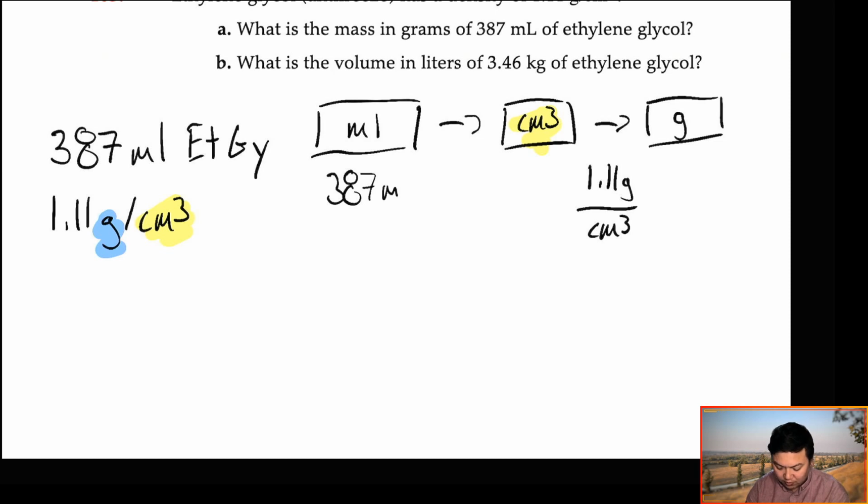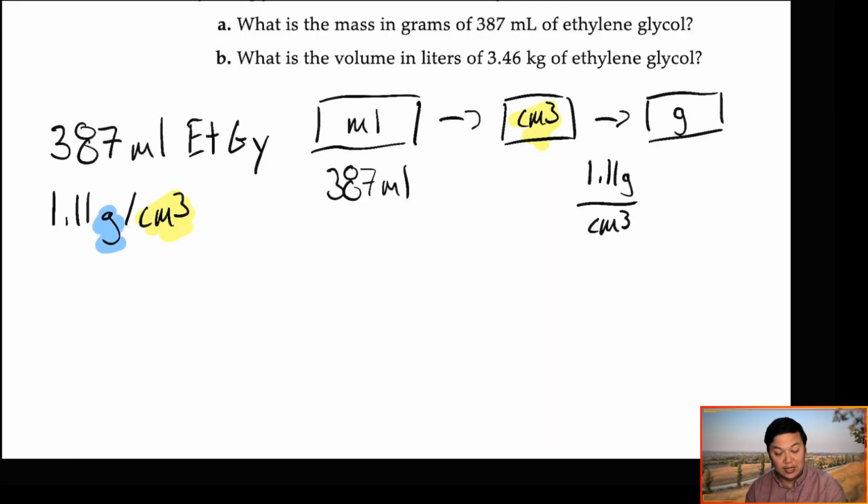we need our conversion factor from milliliters to cubic centimeters. That one's actually, whoops, that's not what I wanted. That one's actually really easy. This is probably an easy one to remember. 1 milliliter is 1 cubic centimeter. It's the same. It's basically the same. It's just a different unit. So we're going from milliliters to cubic centimeters.